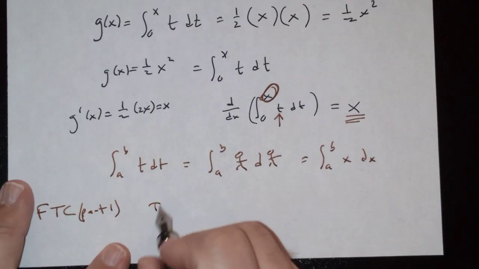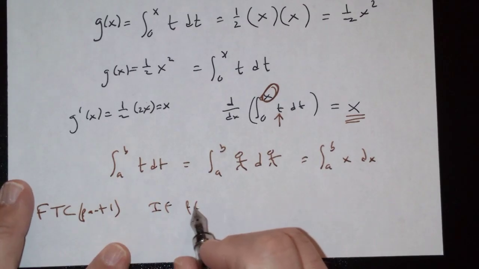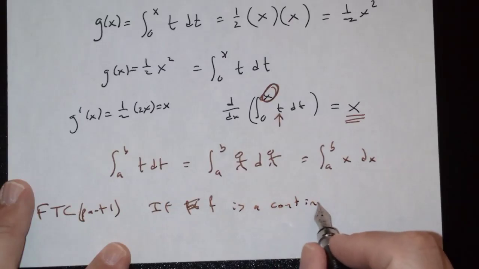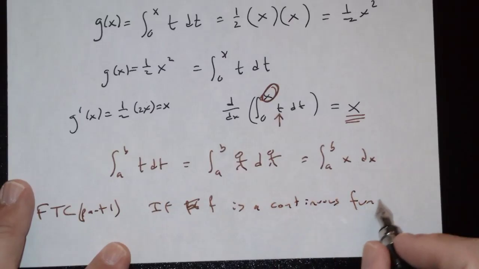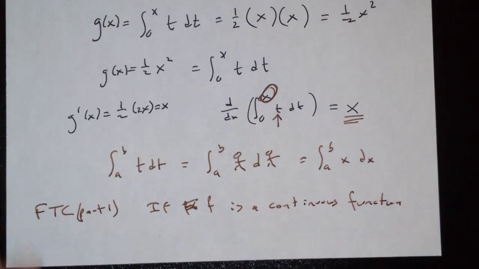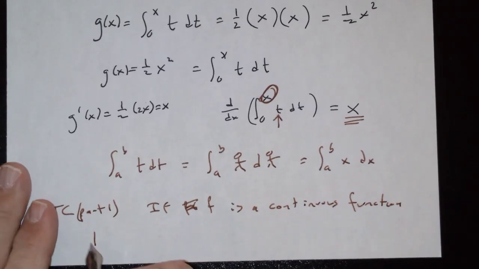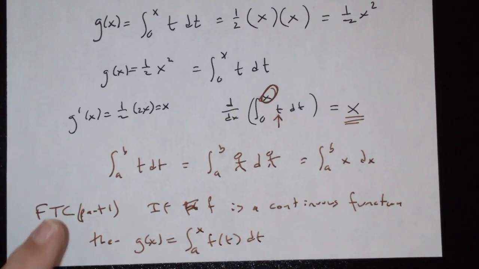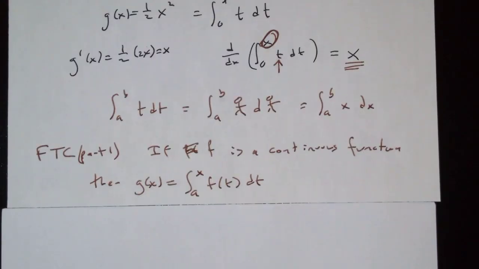If f is a continuous function, then the function g of x defined by the integral from a to x of f of t dt, the same way we did that up there a moment ago, is also continuous.